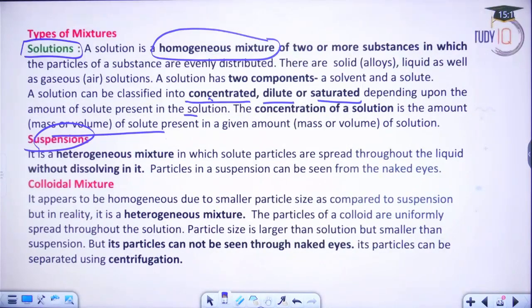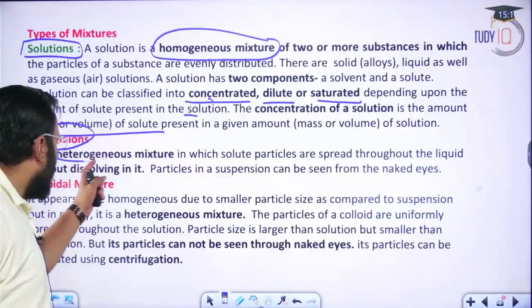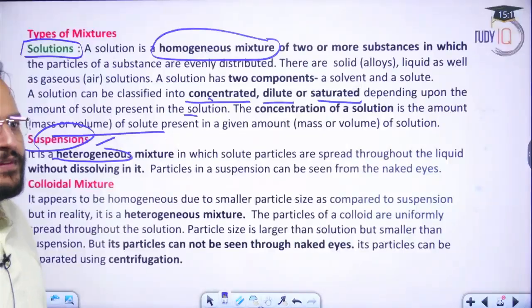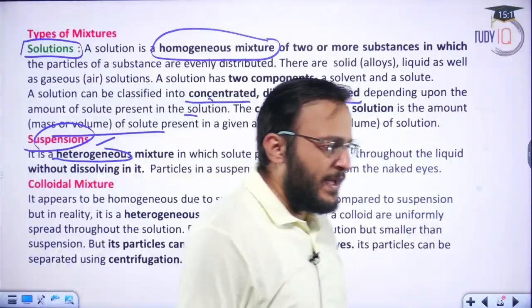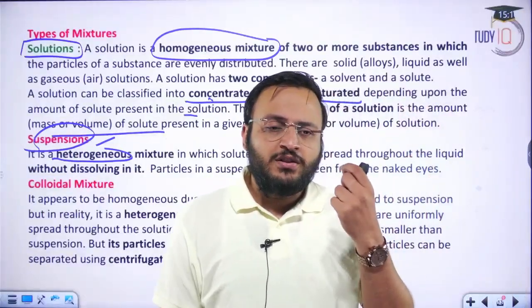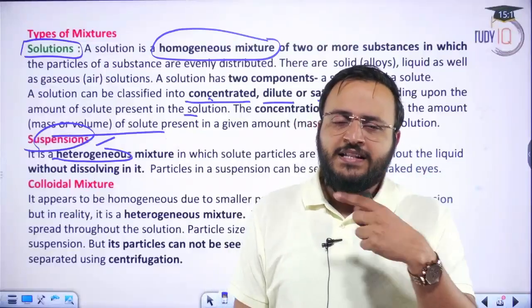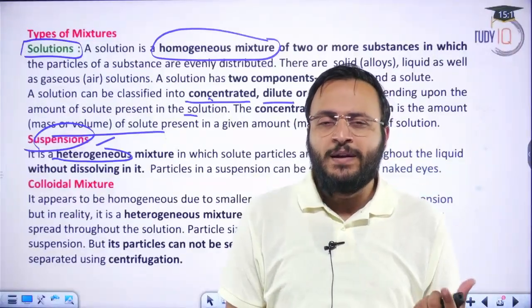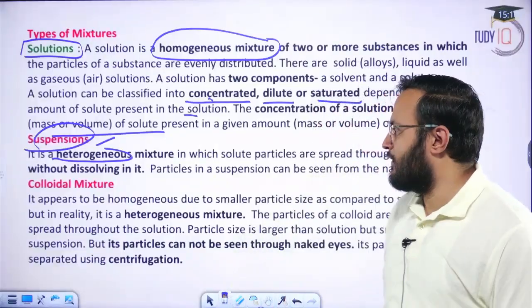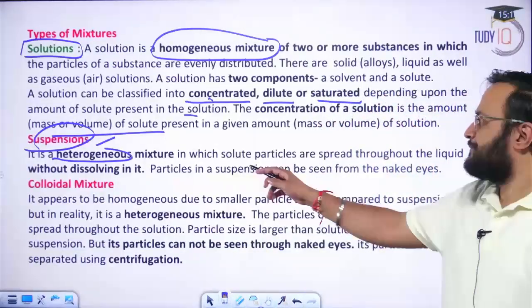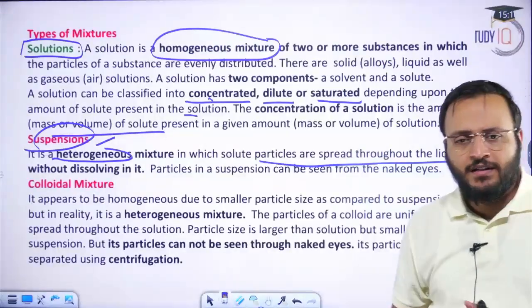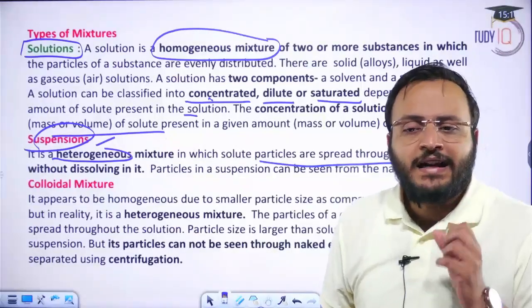After that, we have the different types of mixtures, which are the heterogeneous mixtures, like suspension. Now, what is a suspension, my dear? A suspension is where larger or bigger particles are tried to be dissolved into a liquid solvent. Here they are spread throughout the liquid medium.